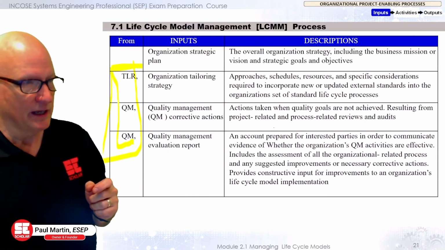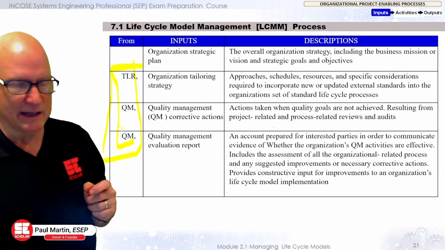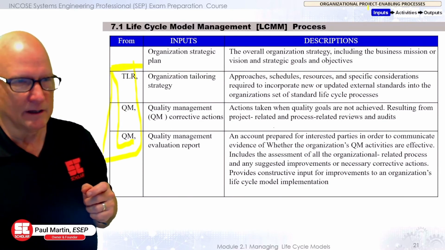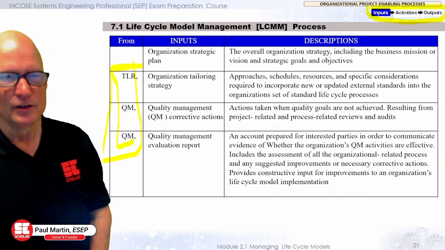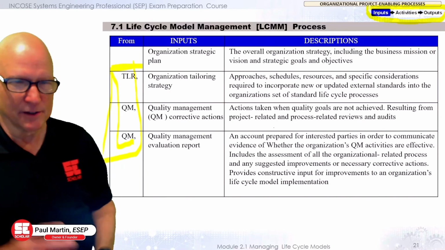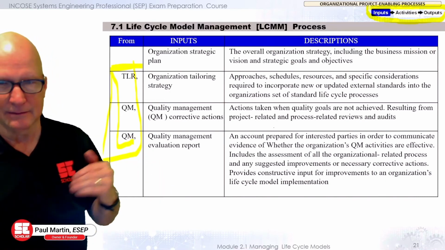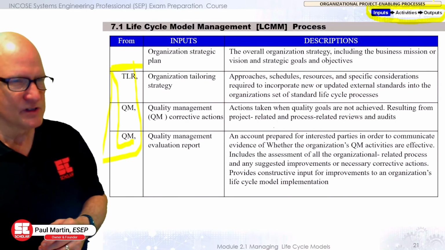So this would be tailoring and quality management of these two. By the way, if you ever have to go and you come back, right, and want to know where we are, just look in the upper right-hand corner: input, activities, output. You'll see where we're at, okay? So blue is inputs. I believe the outputs will be red. Activities are green.